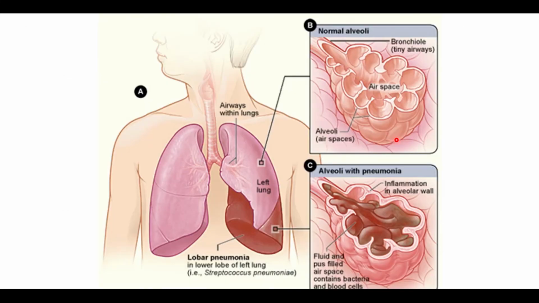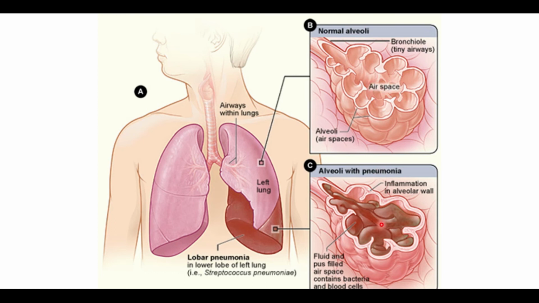Here is the diagrammatic representation of how pneumonia occurs. The infection leads to the inflammation of the air sacs of the lungs, which are known as alveoli. The alveoli fill with fluid or pus, making it difficult to breathe. Here we can see the normal alveoli, where there are air spaces and the alveoli are empty to take air in.